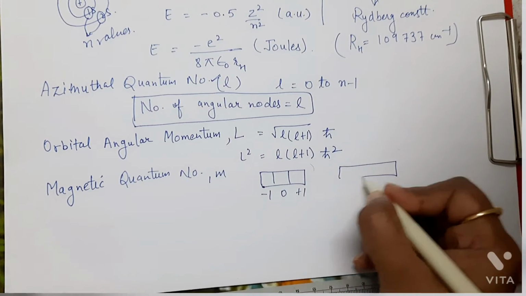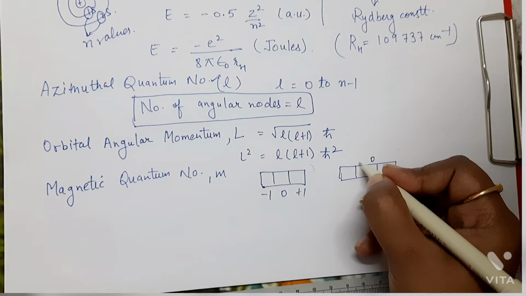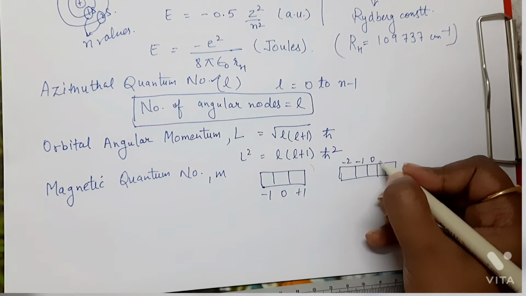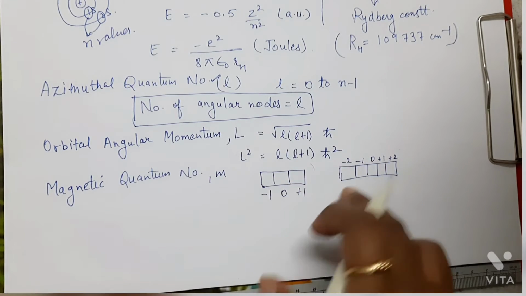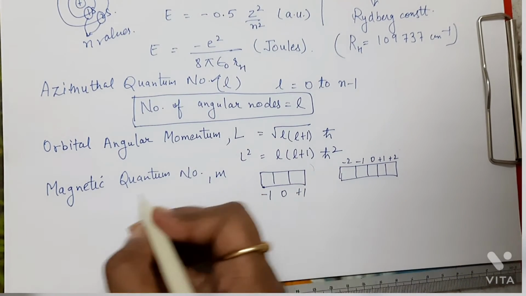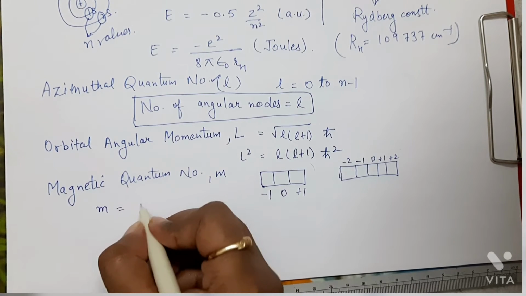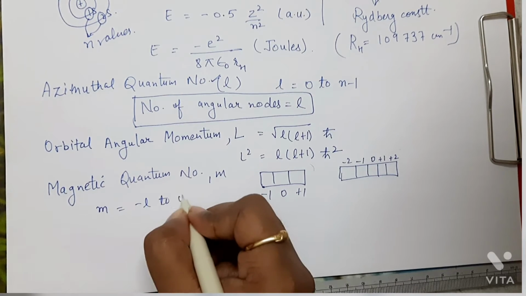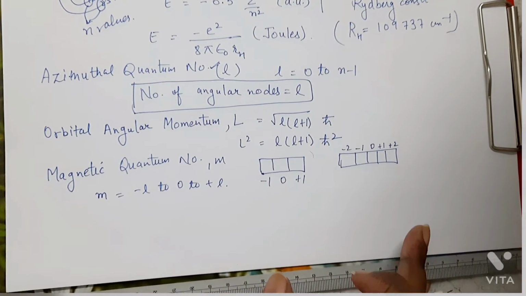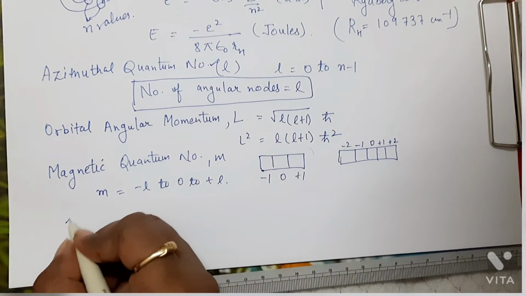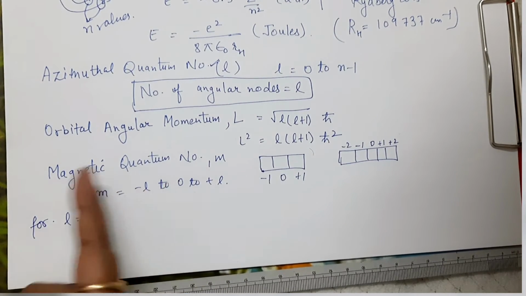If we had d orbitals, we used to designate like this: 0, -1, -2, +1, +2. This way we used to give the values of magnetic quantum numbers. So the formula for the magnetic quantum number was from -l to 0 to +l. For example, if we have the value of l equal to 1, what will be the values of m?